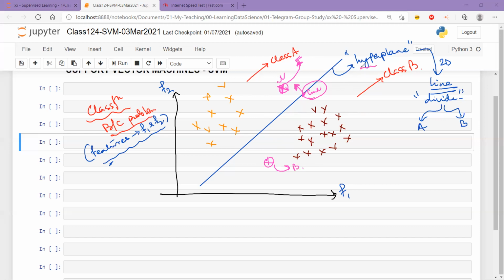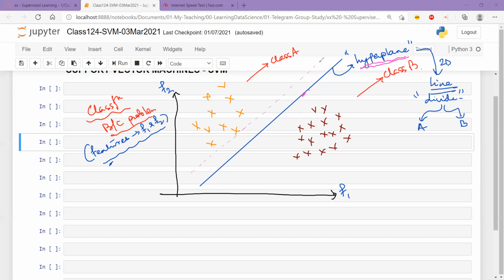Now the point is, how is this hyperplane created? In a very simple scenario like this, I'll just take the eraser for a minute and remove these points from here. The way this plane is created is that I create something which is also known as a margin.